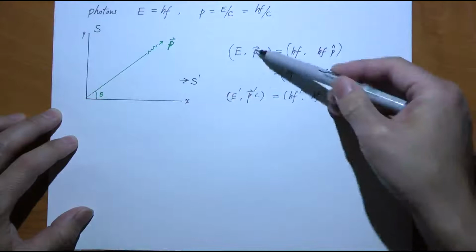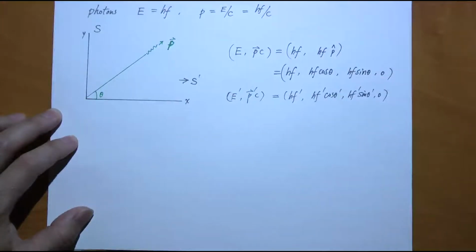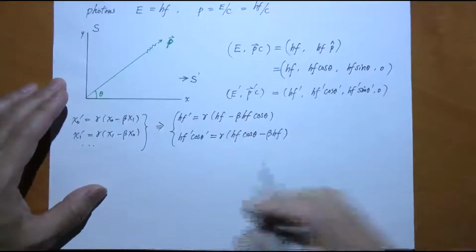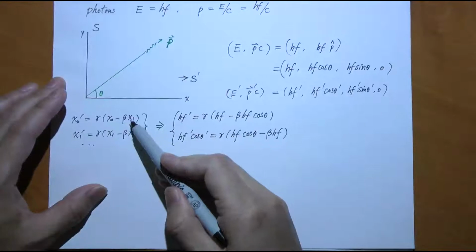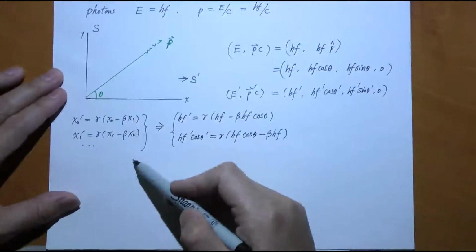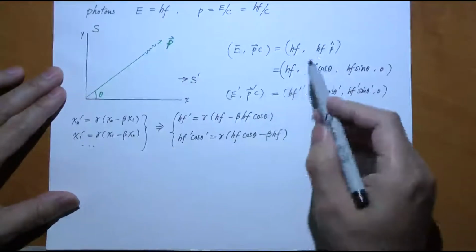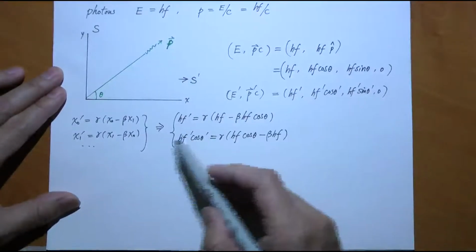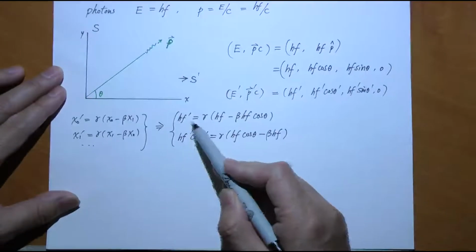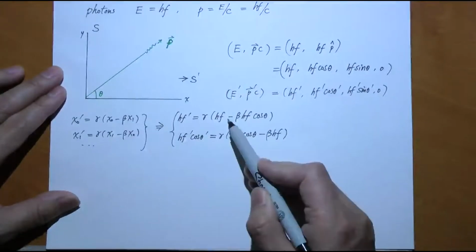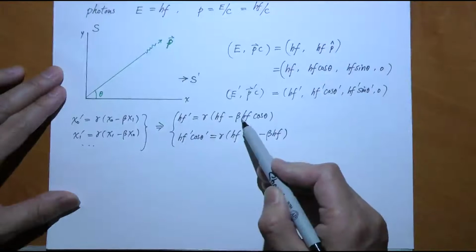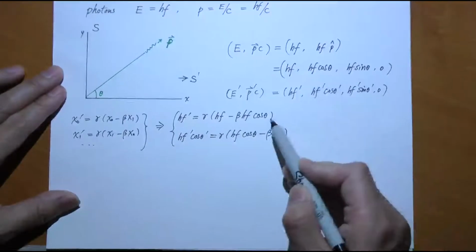Well, we know how to go from here to there because all four vectors go through the same exact transformation. So let's do that. As a reminder, this is how any four vector transforms. We have seen this a number of times before. X naught is equal to hF, so that's hF prime in the S prime frame, equal to gamma times (x0, which is hF, minus beta x1, where x1 is hF cosine theta), as you see here.